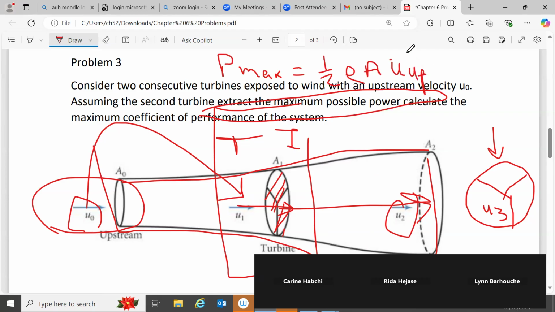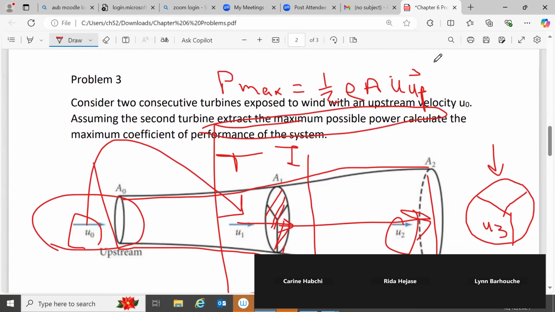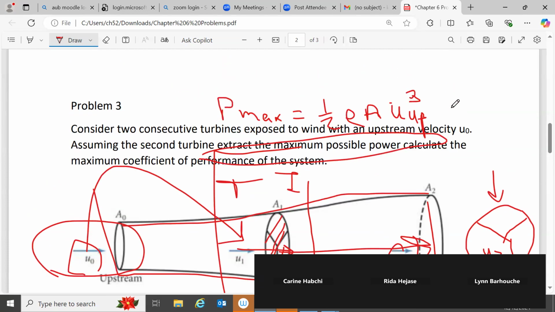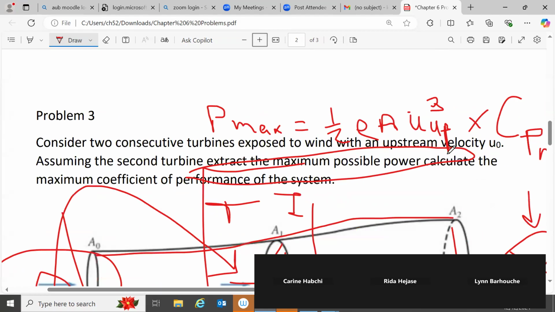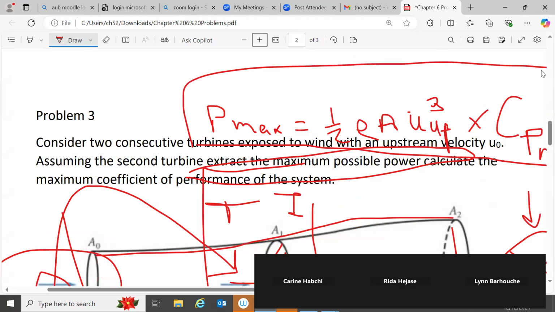But what do we multiply by? CP, very good. The coefficient of performance. And here P max has CP maximum, which is 0.59. It can be lower if you don't have maximum extraction. Okay, so this is the maximum possible power that I can extract.